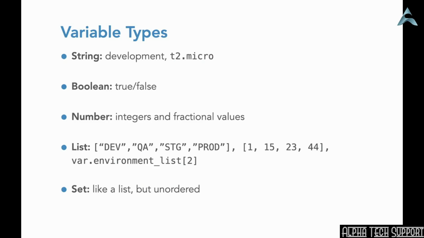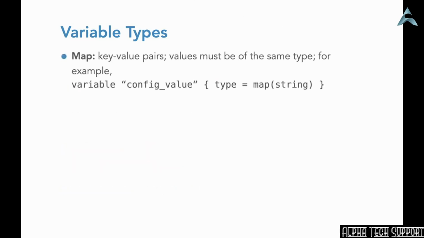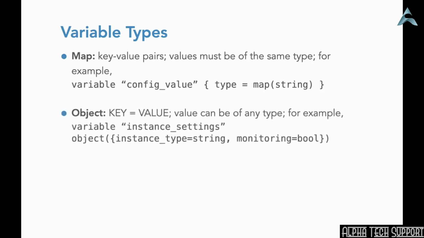A set is similar to a list, except that the members are not in any particular order. A map is a lookup table of key-value pairs. The keys are strings and must be unique to the collection. The values can be of any type, but all of the members of a map must be of the same type. Then we have structural types, like objects. An object is like a struct in C or Java. It's a collection of named attributes.